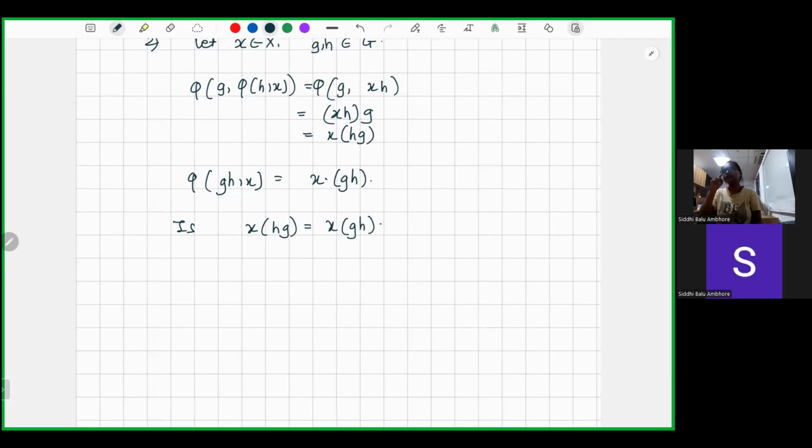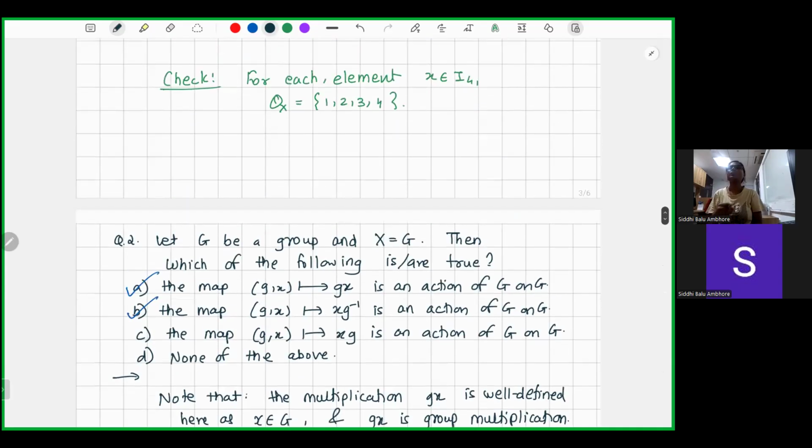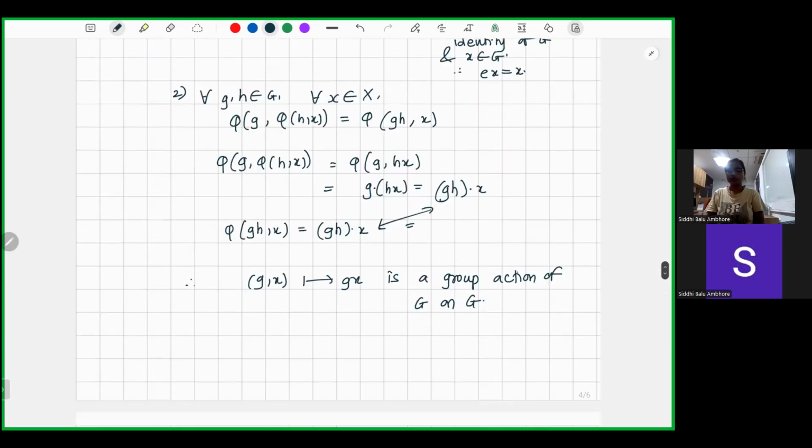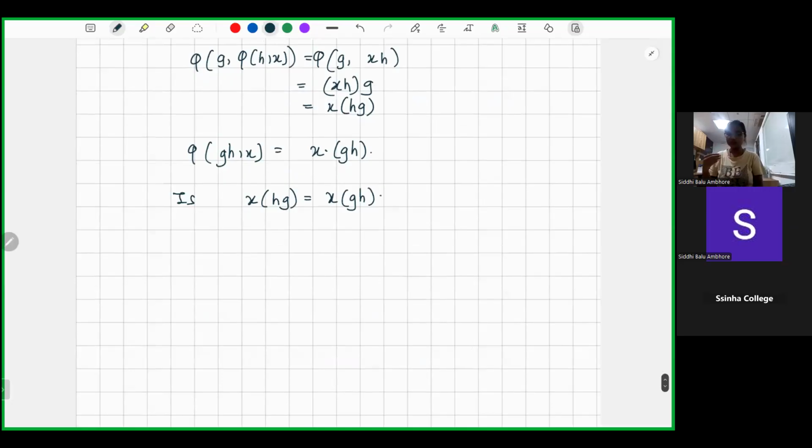No, right? This need not be true because G is given to be just any group. We do not have any information whether this G is abelian or not. Okay, so this G here needs to be an abelian group in order to have this as a group action.